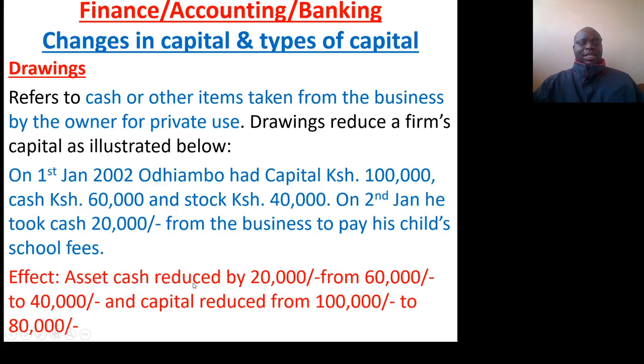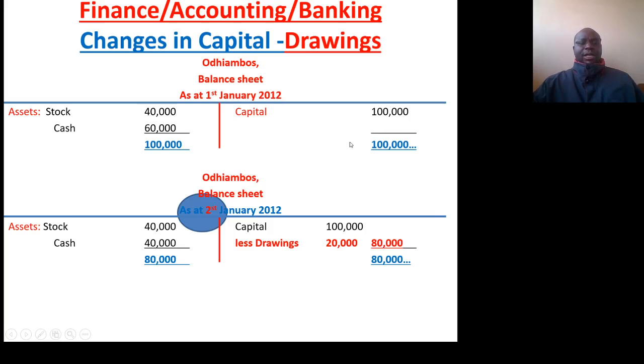The asset cash reduced by 20,000 from 60,000 to 40,000, and capital or the worth of the business reduced from 100,000 to 80,000.